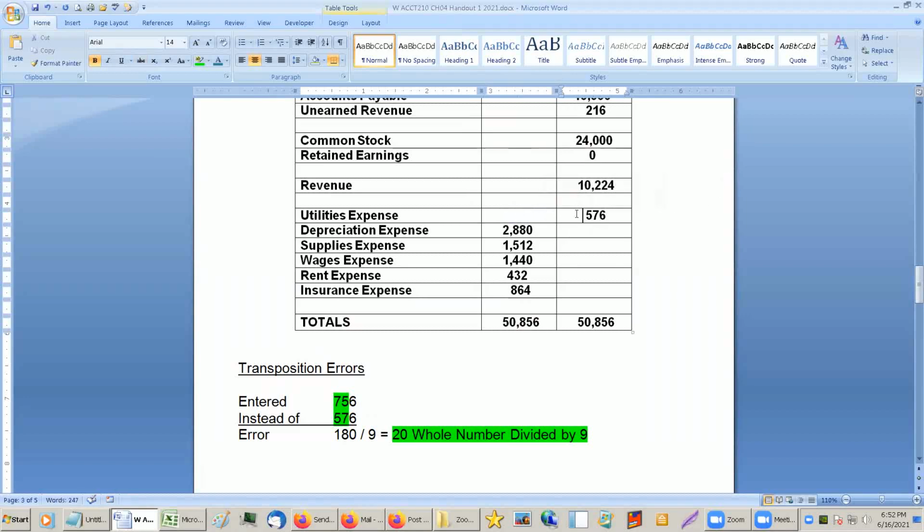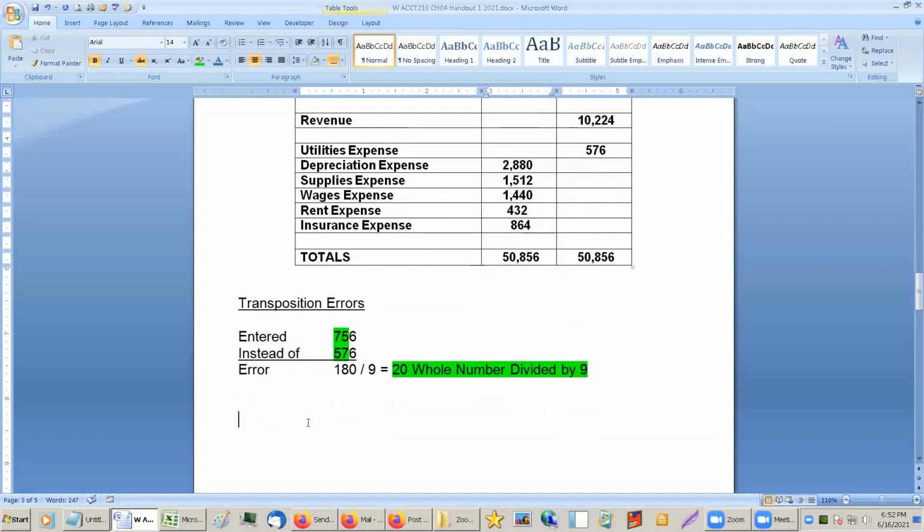As I'm doing this, I would notice that this side would be too high by 576, and this side would be too low by 576. So the error would be a total of twice that, whatever that is, 1152.